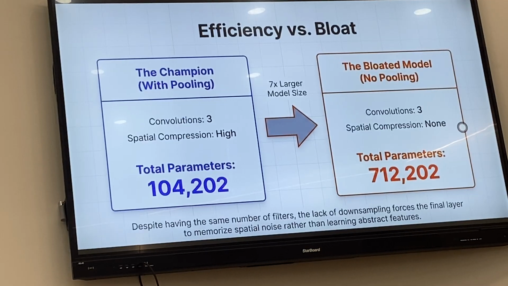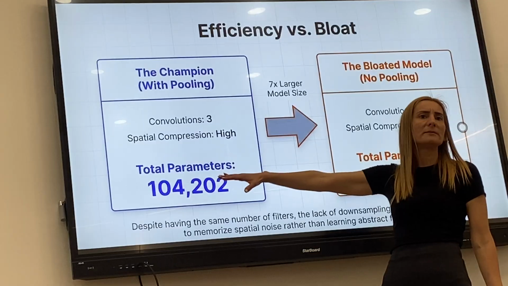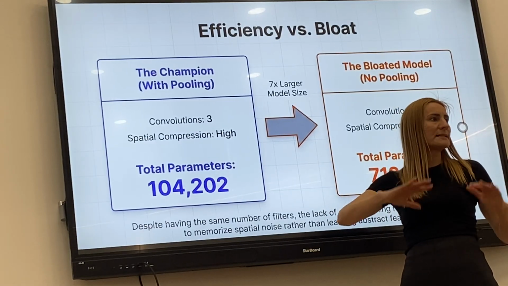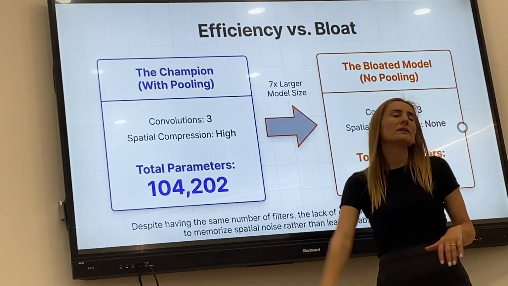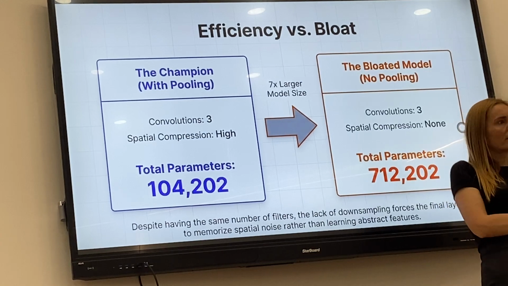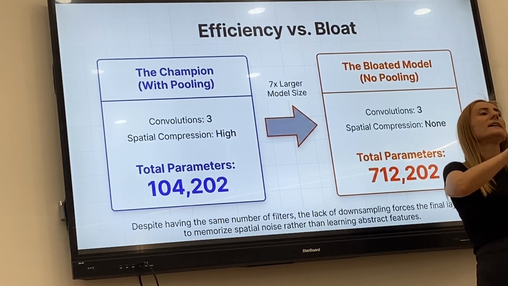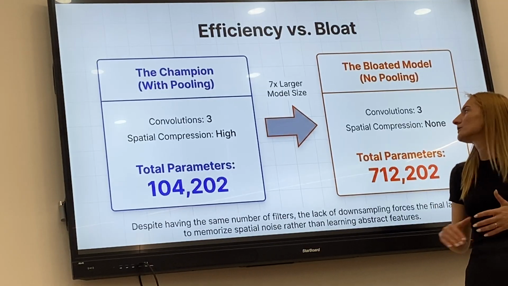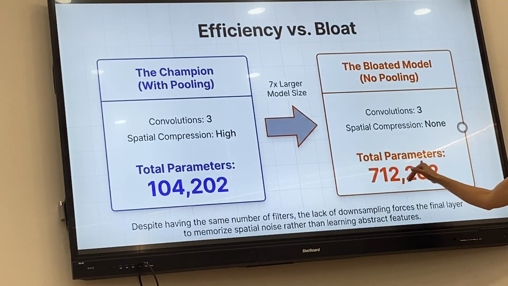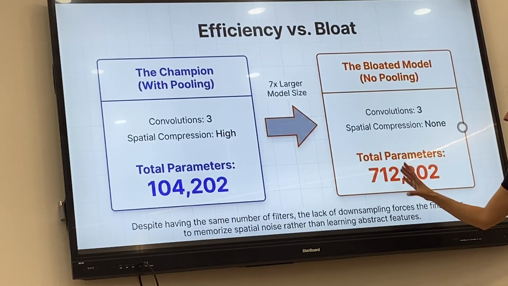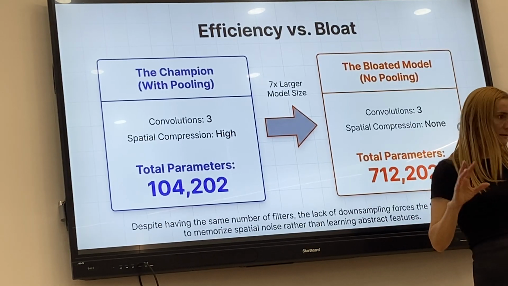With the first one, which we consider the champion with pooling, the total number of parameters that we calculated ourselves step by step for each layer came to around 104,000. If we remove pooling and recalculate, we end up with a total number of parameters around 7 times more.